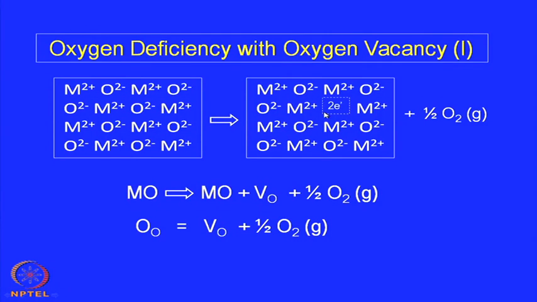Now, a vacancy has been created, and together with that we have released one atom of oxygen. That oxygen has gone out from the solid to the atmosphere, and therefore, this is a simplified reaction only involving the oxygen sublattice. There is no involvement of metal in this situation.